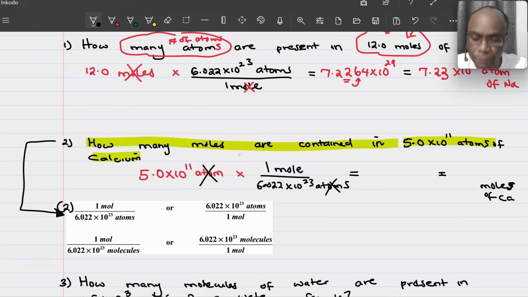And if I've done it correctly, it should be 8.029 times 10 to the power negative 13.